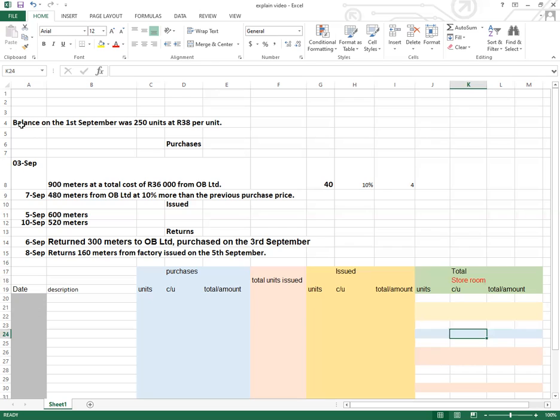We have been given the information here. There's a balance which is our opening balance on the 1st of September.